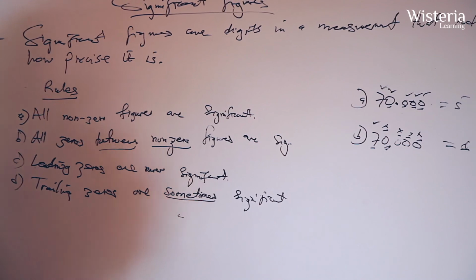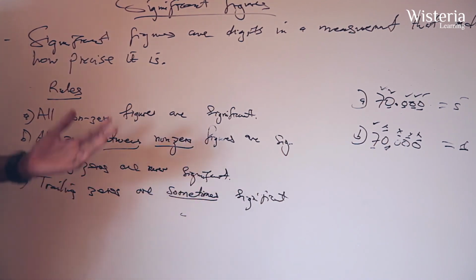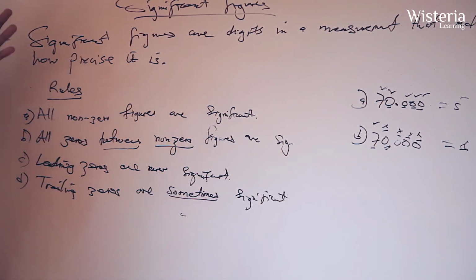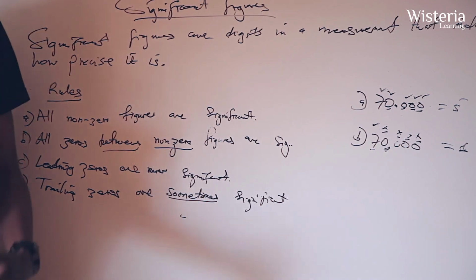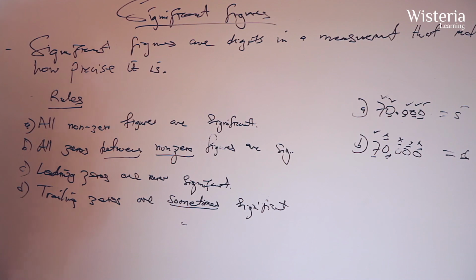So now we can conclude and say significant figures are those digits in a measurement or in a number that explain how precise the measurement is. In other words, the values in that measurement that are known for certain, plus the values that are not known for certain.